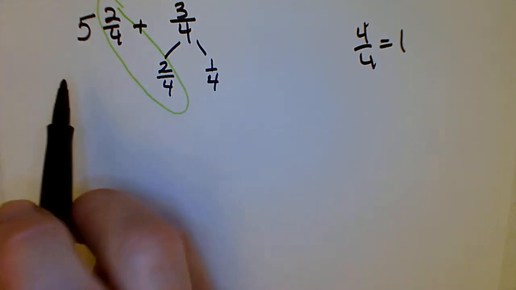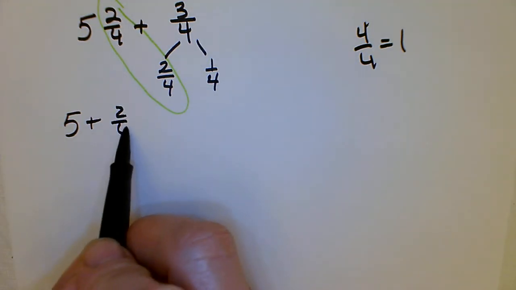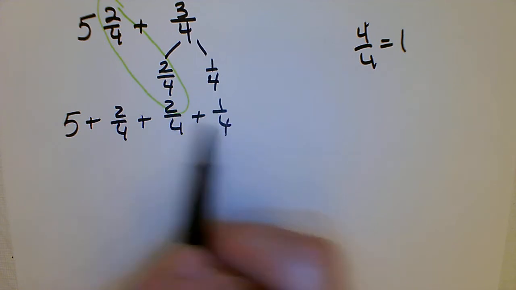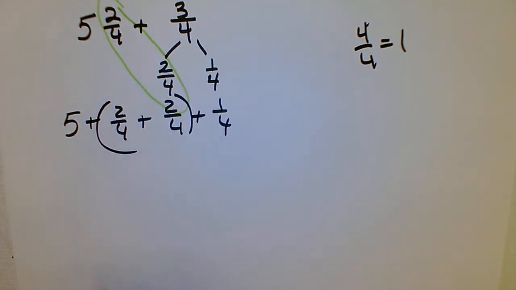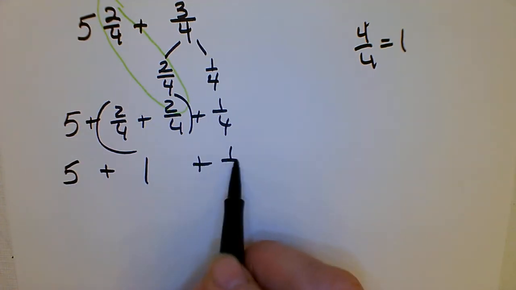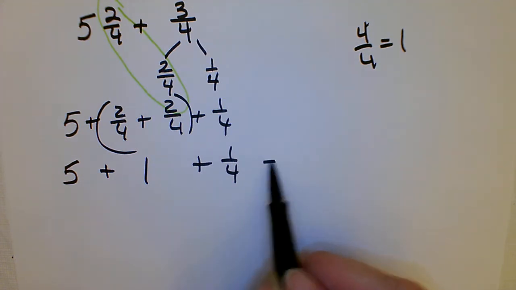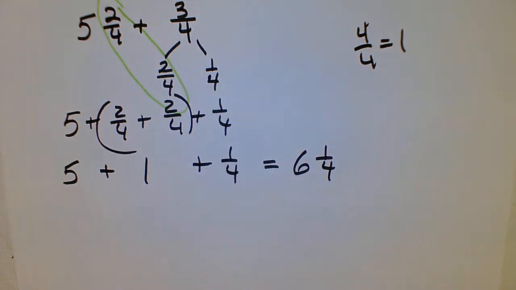So really what I'm doing here is I have my 5 plus that 2 fourths plus this 2 fourths plus a fourth, and I want to go ahead and associate those two together because that's just going to be one whole. So I end up with 5 plus 1 plus 1/4. And that's going to be equal to 5 plus 1 is 6 and 1/4.